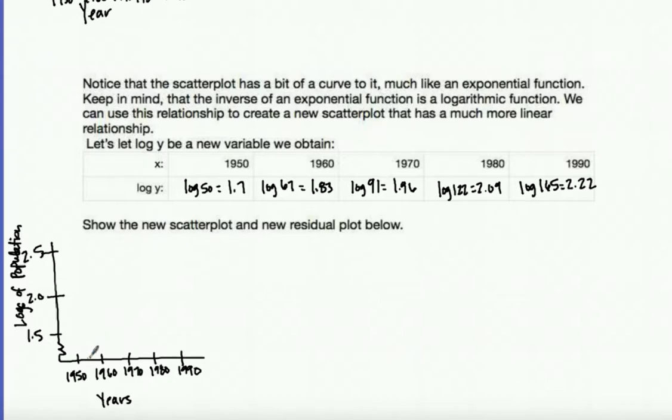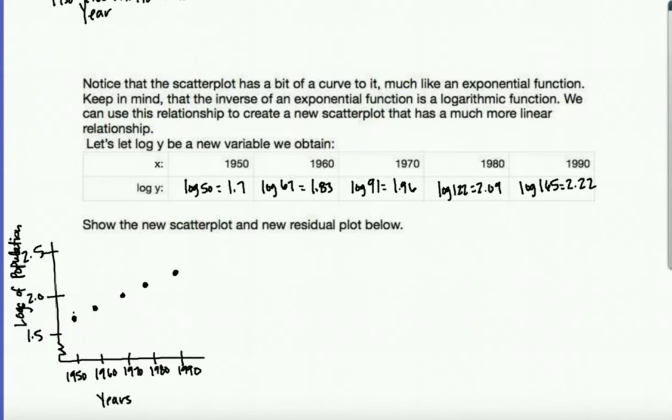Okay, so at 1950, we've got 1.7, so we're going to go like here. 1960, we've got 1.83, so kind of here. 1970, 1.96. 1980, 2.09. 1990, 2.22.